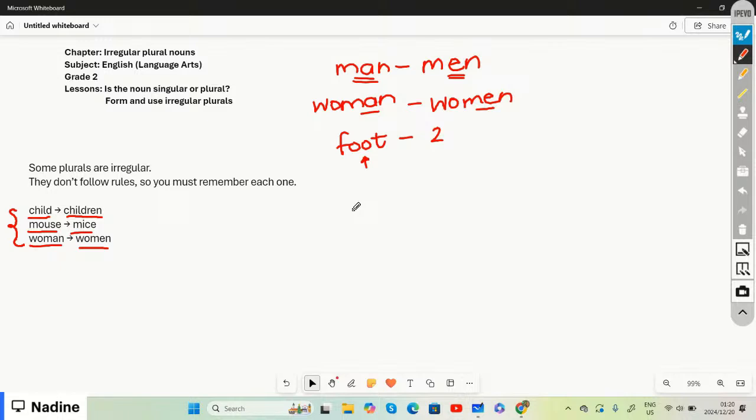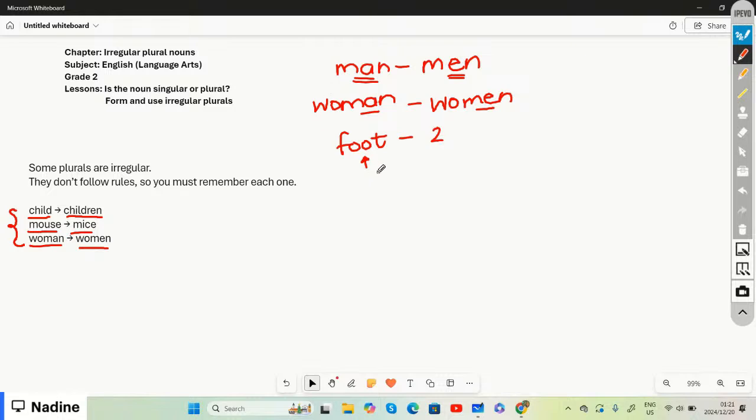Yes, men is correct. Now, look at the word foot. 1 foot, right? I put my sock on my 1 foot and I put the sock on the other foot. So I put socks on both of my what? Not foots. How would you say it? If you put on your shoes on both what?